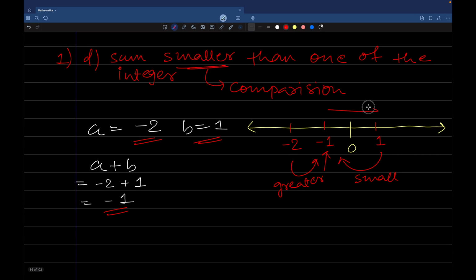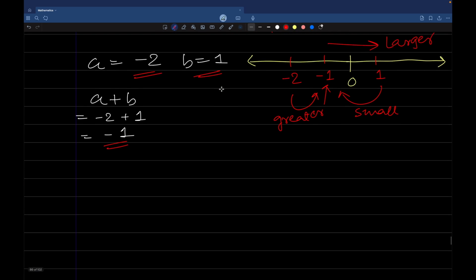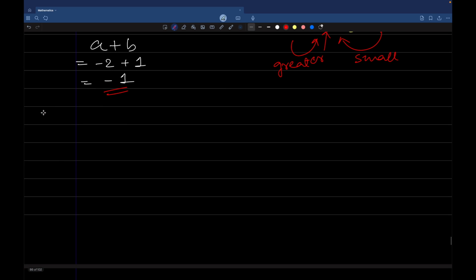When we go on the right side, we get larger numbers. Now let us solve question number 1e. Question number 1e says that you have to find a sum that is greater than both the integers.